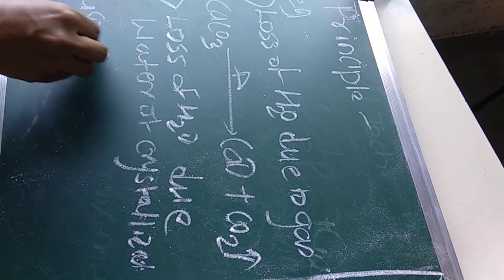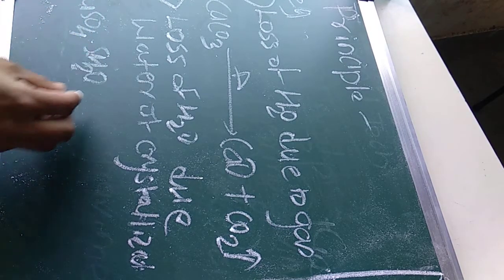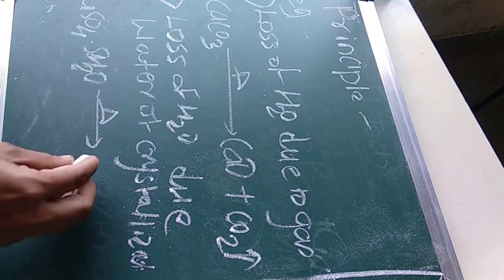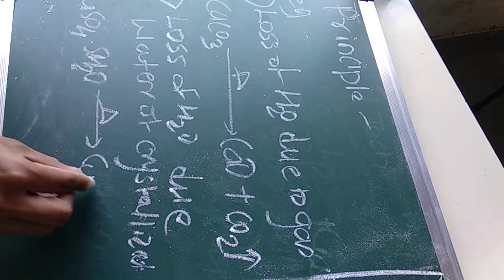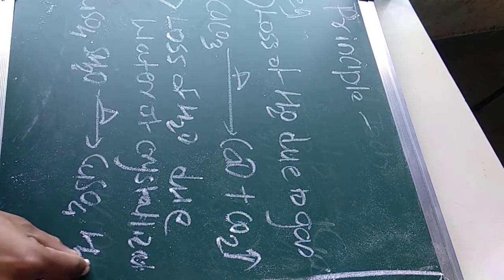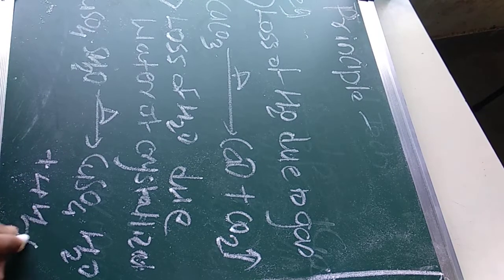CuSO4 combined with 5 water molecules, when heated, there is a loss of water. It gives CuSO4·H2O plus 4 water molecules. This is the example of loss of water due to water of crystallization.